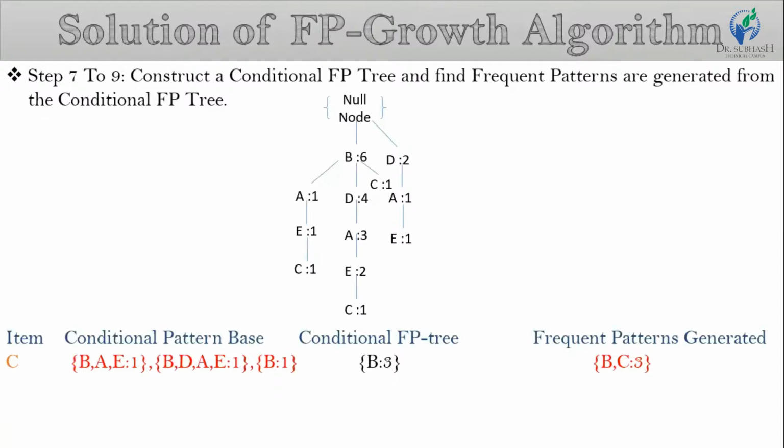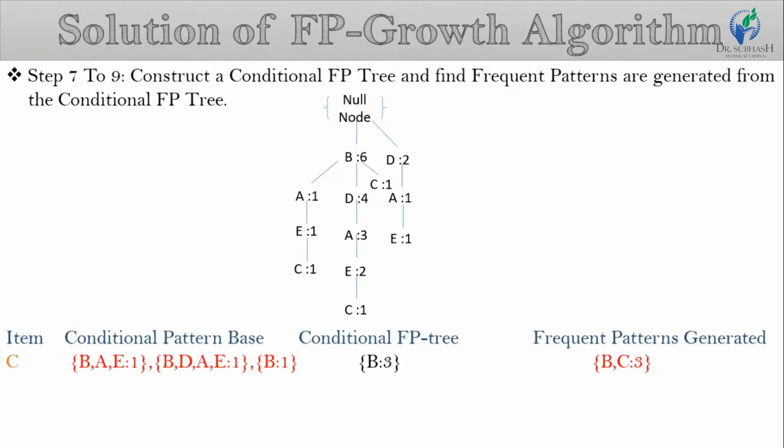So we only include those items in the conditional FP tree whose support is equal to or greater than the minimum support. So this path will generate all the combinations of frequent patterns. So the frequent pattern is B, C, and the occurrence of B means 3. So our frequent pattern is B, C, and their count is 3.